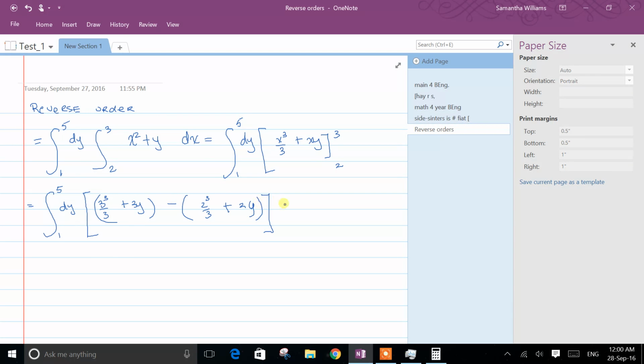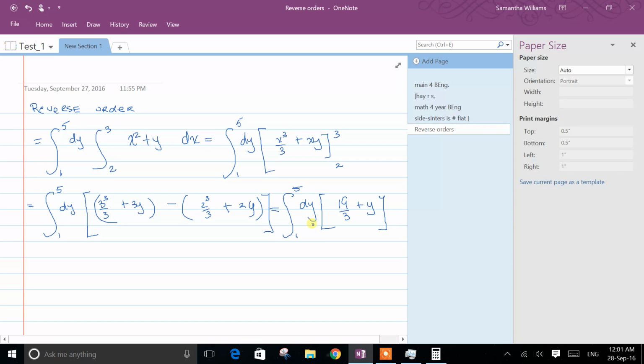I'm quickly just going to simplify this. Rewrite the constant, integral from 1 to 5 dy. And the simplified form of that is 19 over 3 plus y.